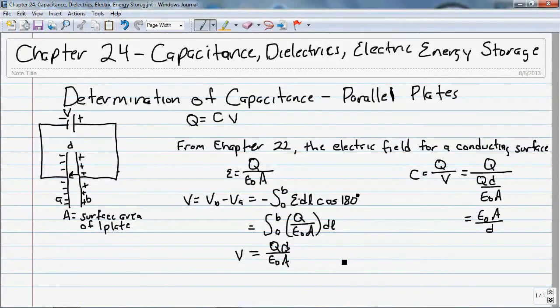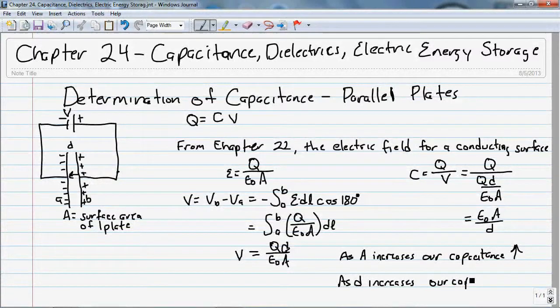So what does this tell us? Well, as A increases, our capacitance increases, and as D increases, our capacitance decreases.